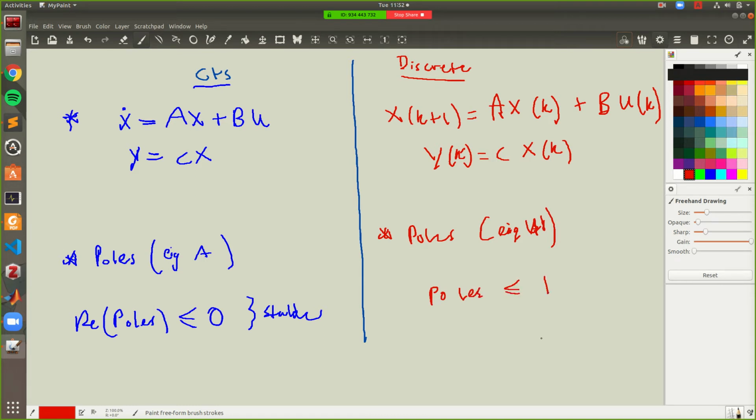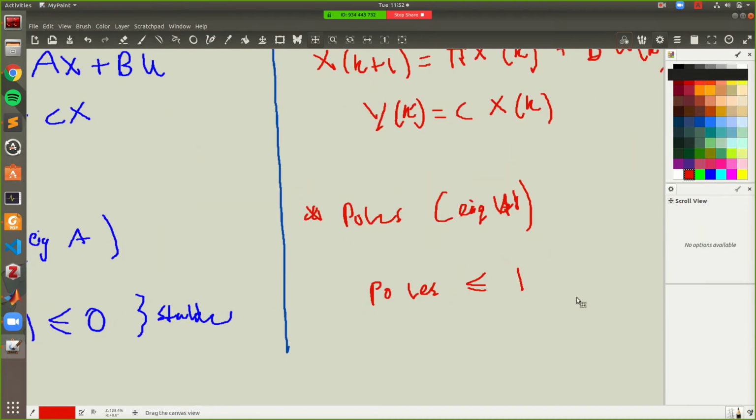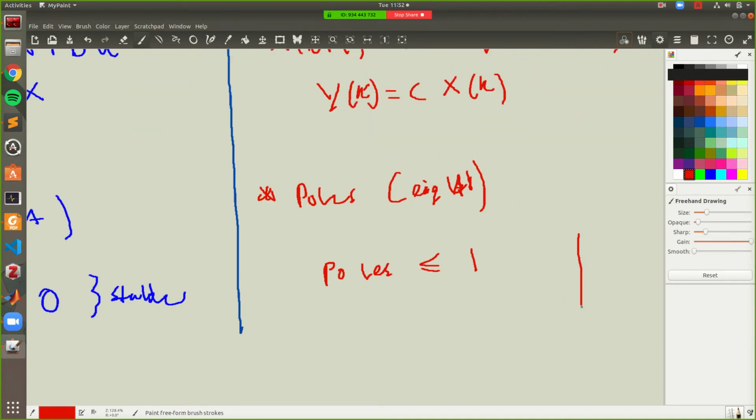What we mean by the unit circle is, if you have the real and imaginary plane, imagine you draw a circle with radius 1, so it's 1, and minus 1 here.